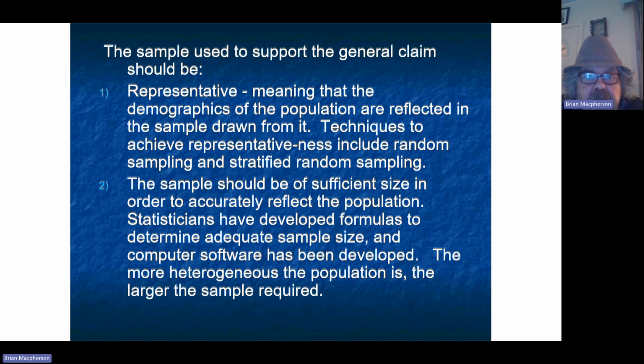Meaning that the demographics of the population are reflected in the sample drawn from it. So let's say I'm interviewing students at the University of Windsor, all right? My sample, and let's say that, I don't know, I'm just guessing, maybe 40% take social sciences, and maybe another 40% take engineering or sciences.